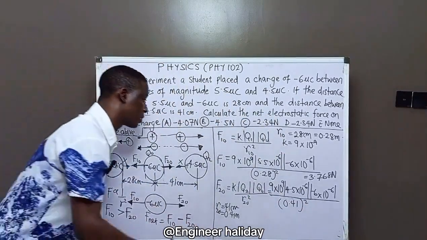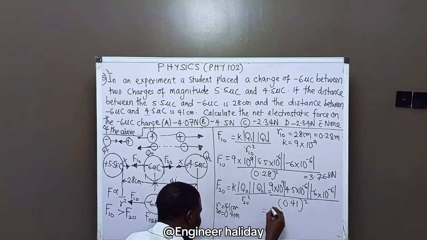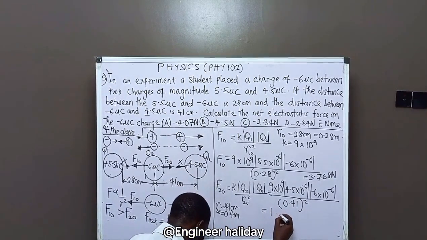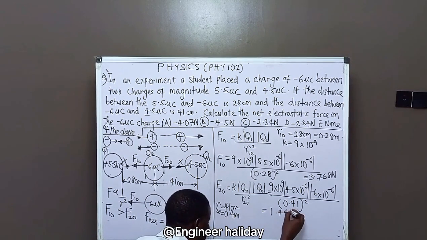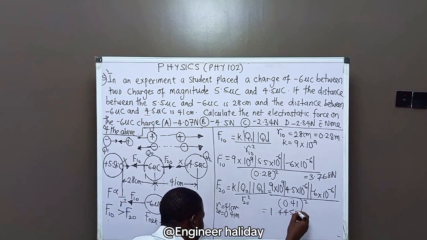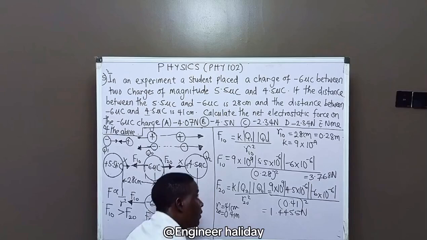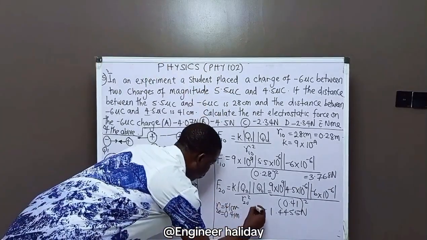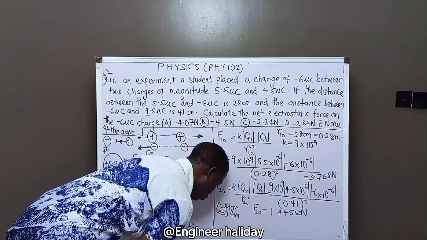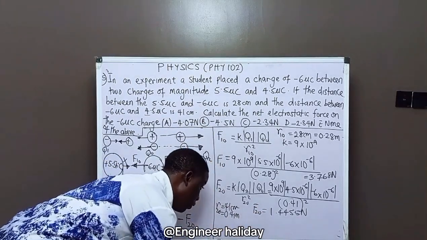Now if you press your calculator there, you are going to have 1.4455 Newton. That's what we are going to have as your answer there for F20. So you can pause the video and confirm it.